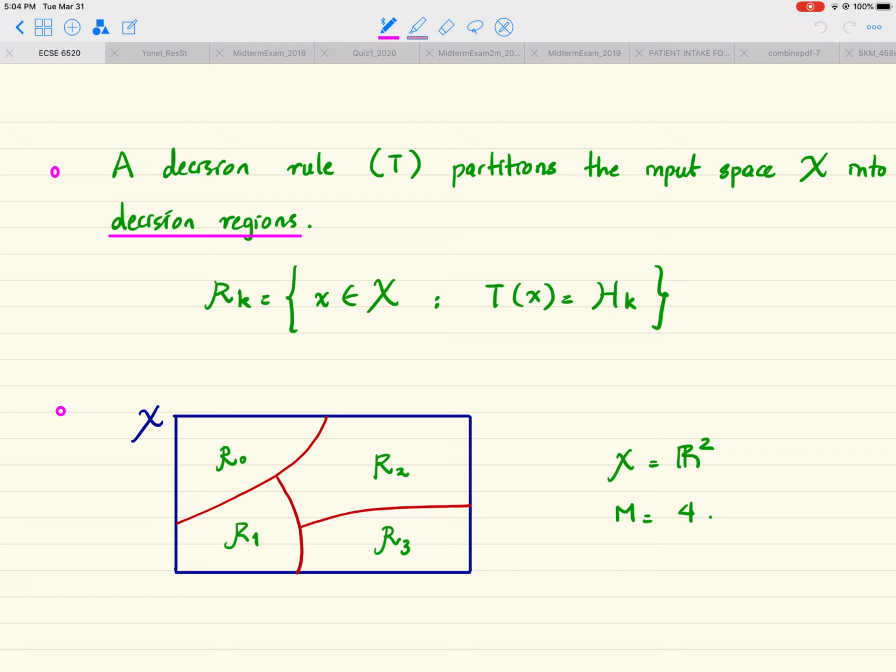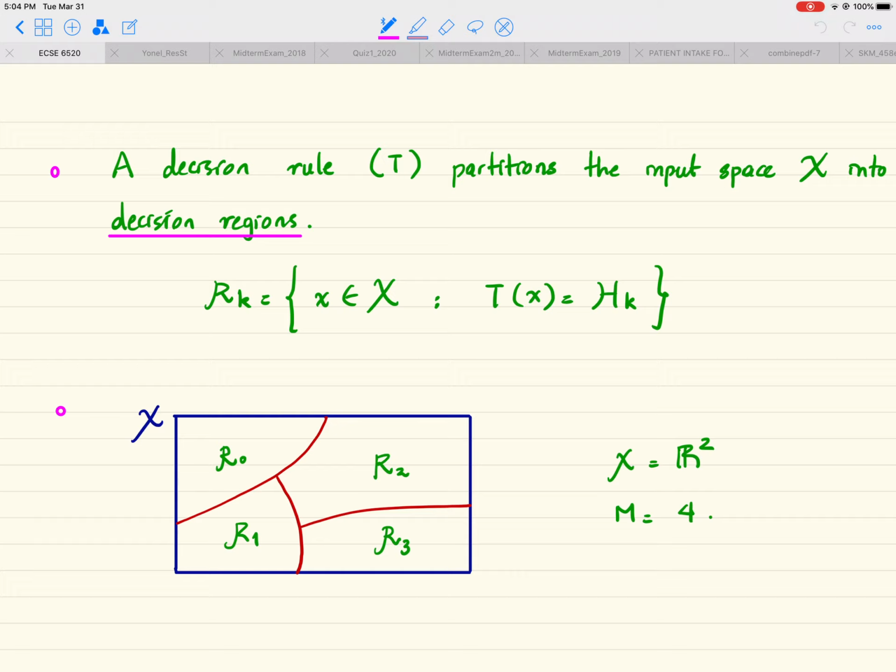Okay, so to visualize this, we can assume that we have a two-dimensional feature vector, and we have four different hypotheses, and we design a test functional and decompose our sample space into four distinct regions.